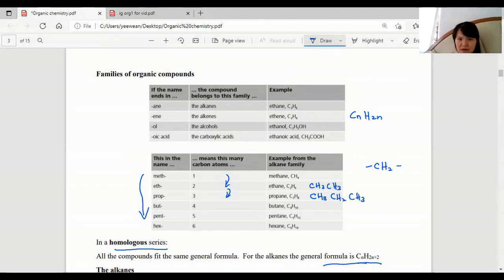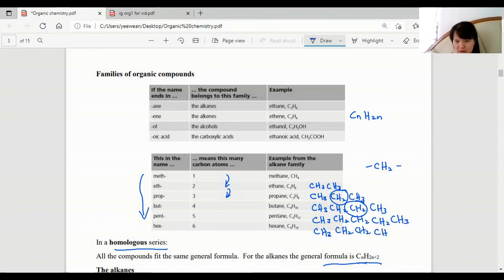An extra CH2 here, and butane, again, an extra CH2 here. And the next one, yes, you guessed it, just add 1 more CH2 and hexane, 1 more CH2 from the one before it. So this is a homologous series of alkane.